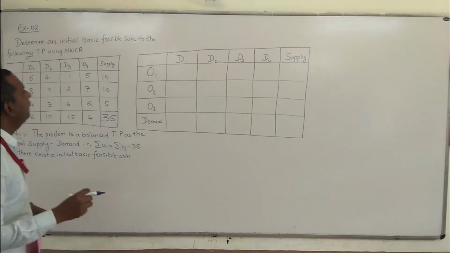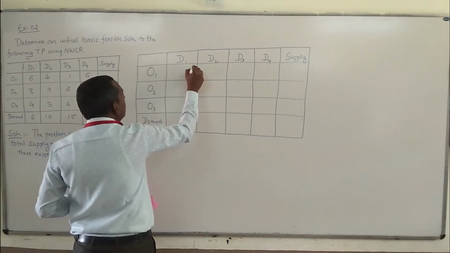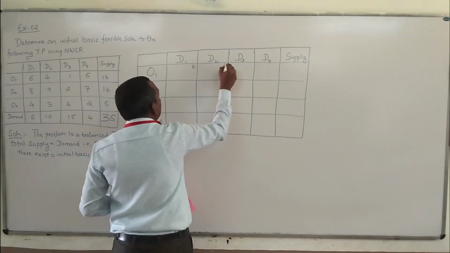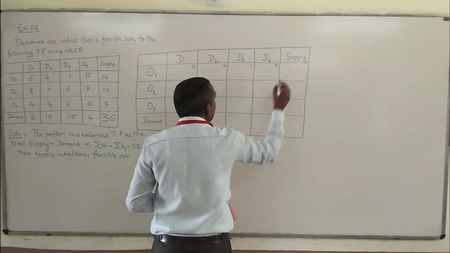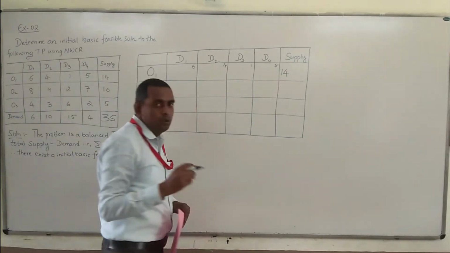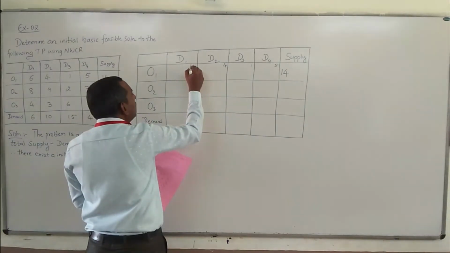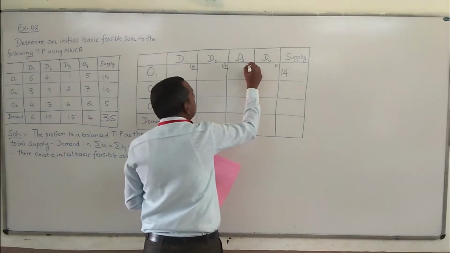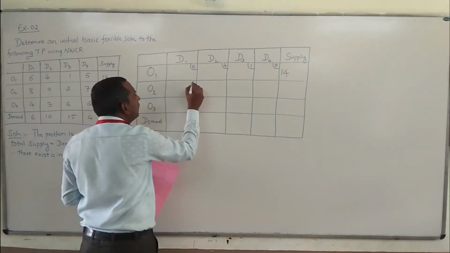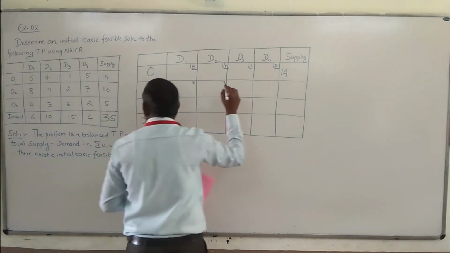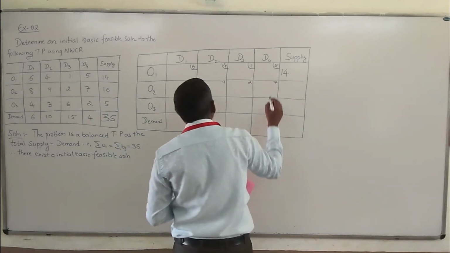Now let me write the values here. It is 6 followed by 4, 1, 5, and here it is 14. Carefully look how I am writing the table here. Next comes 8, 9, 2, 7, and supply is 16.